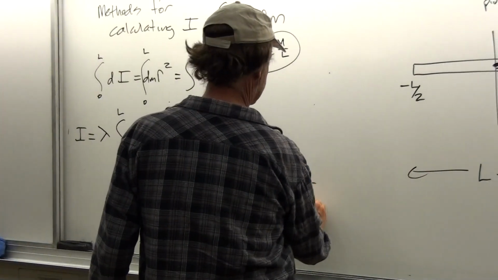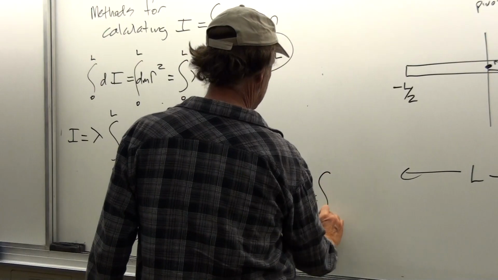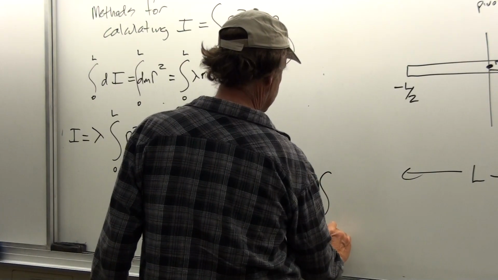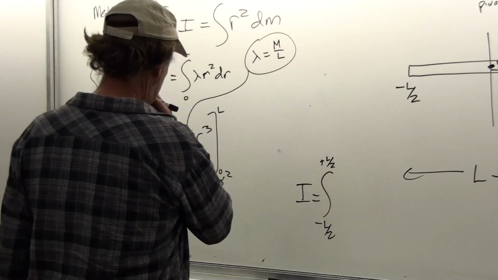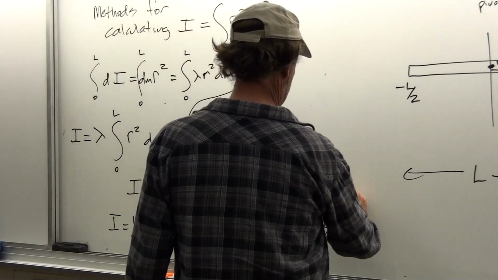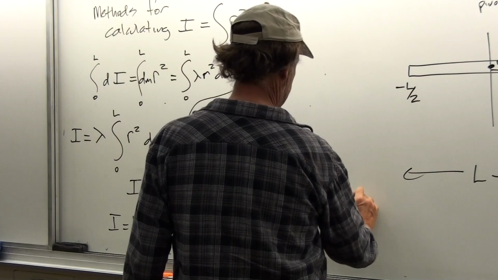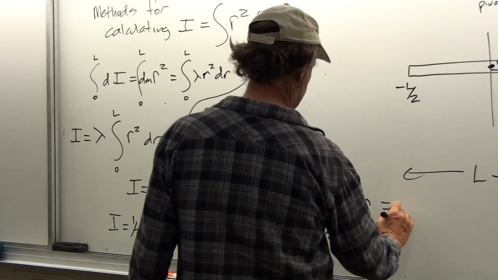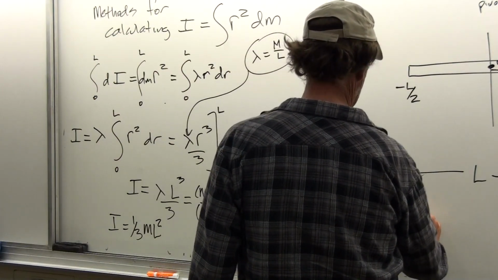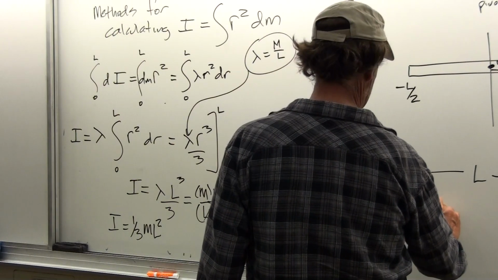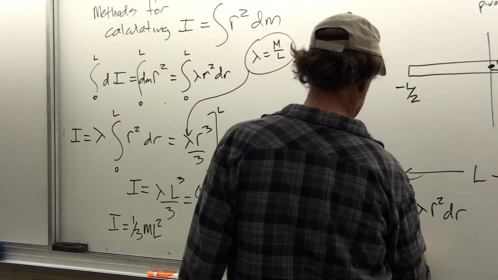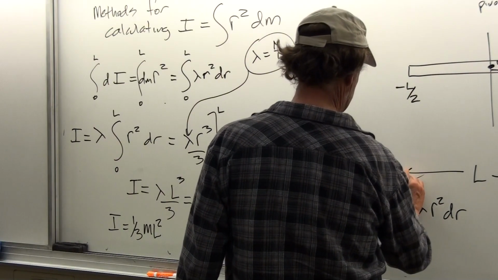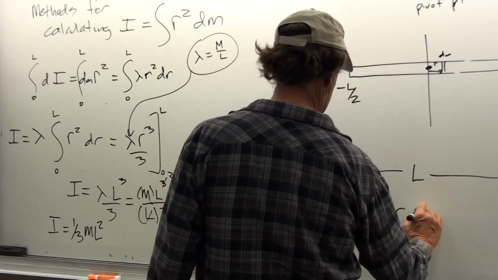So I is then going to be equal to the integral from minus L over 2 to plus L over 2 of r squared dm. Okay, so that's going to be the integral of lambda r squared dr from minus L over 2 to plus L over 2.